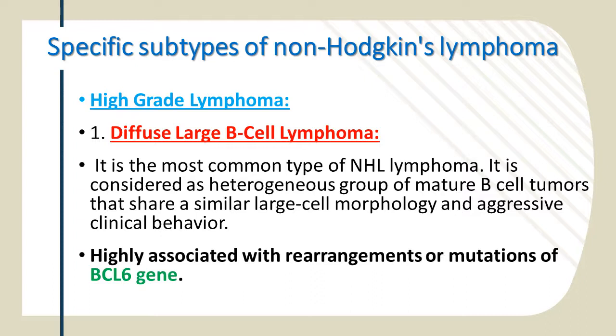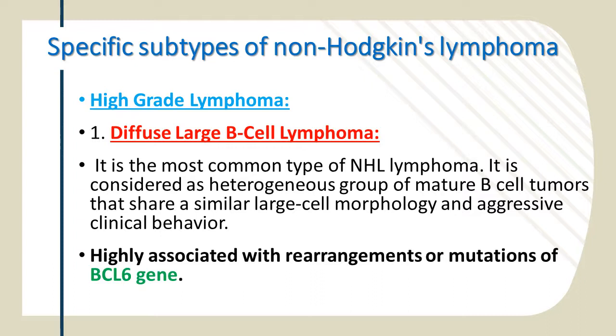About one-third of diffuse large B-cell lymphomas have rearrangements of the BCL6 gene, and an even higher fraction of tumors have activating point mutations in the BCL6 promoter. Both aberrations result in increased levels of BCL6 protein, an important transcriptional regulator of gene expression in germinal center B cells.